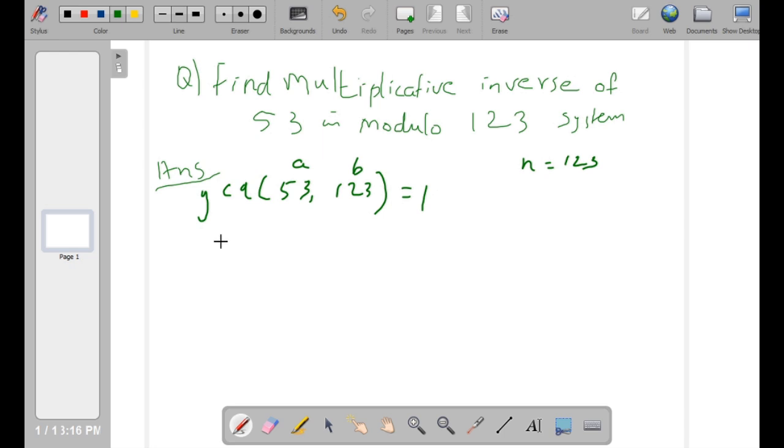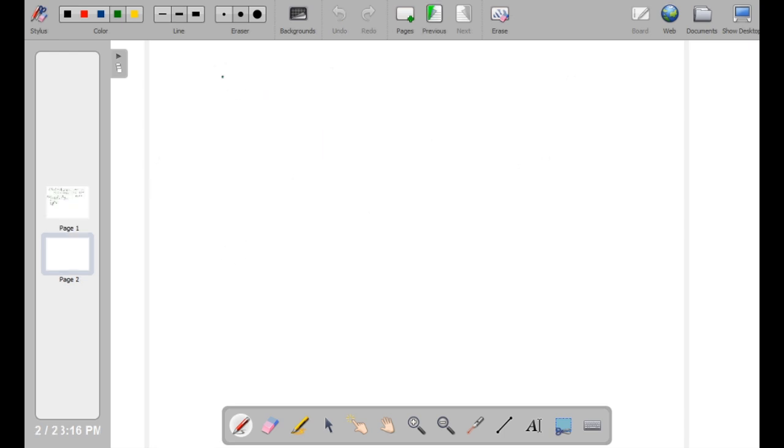Okay, let us check this. 123 divided by 53.